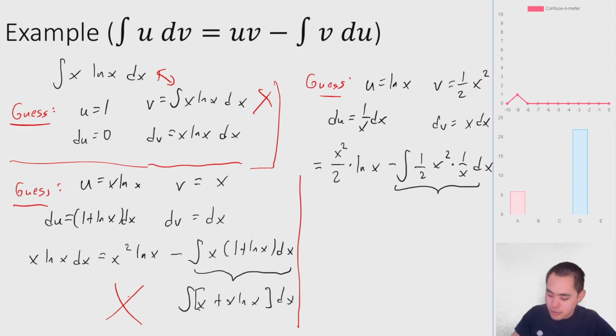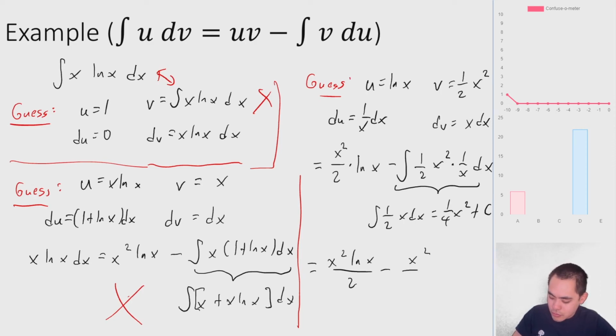And when you take this entire thing, that's equal to the integral of 1/2 x dx, which is equal to 1/4 x squared plus c. So this entire thing is equal to x squared ln of x over 2 minus x squared over 4 plus c. So because we chose the right guess, you can actually apply this integration by parts formula, and you end up with a closed form solution.